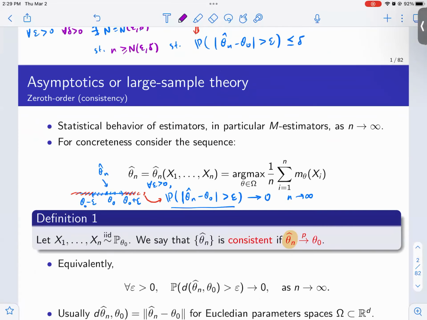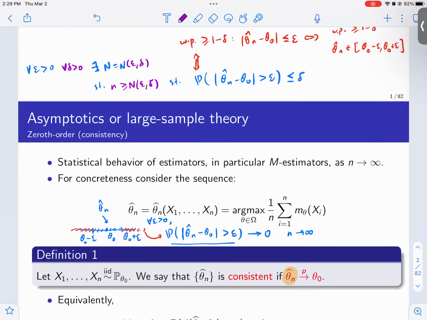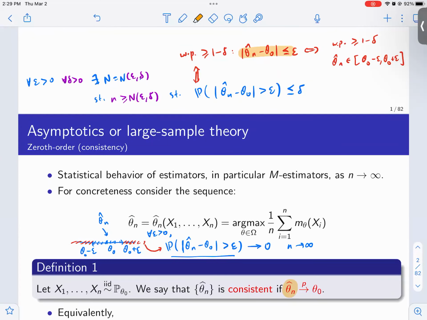And then you can generalize this idea. This is for a univariate parameter, but this interval is basically a neighborhood. The fact that this is less than or equal to epsilon is a neighborhood of theta naught in any space where you can define a neighborhood. In a metric space, let's say I have a distance, I can define a ball of radius epsilon around theta naught.